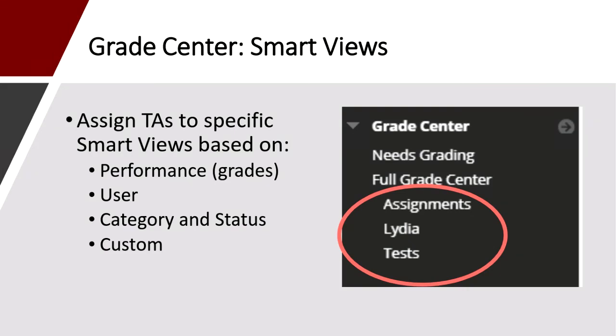And sometimes that's a good idea. That way they can get to know the students a little bit better. They can track how they're doing on different assignments throughout the term. But efficiency-wise, it could be you just randomly assign students to grade based on other criteria.